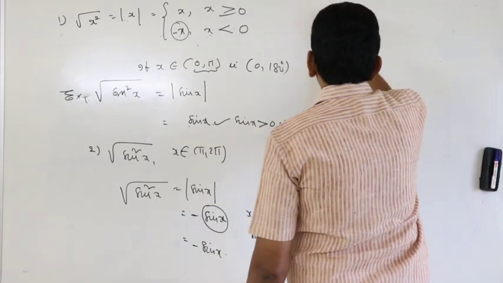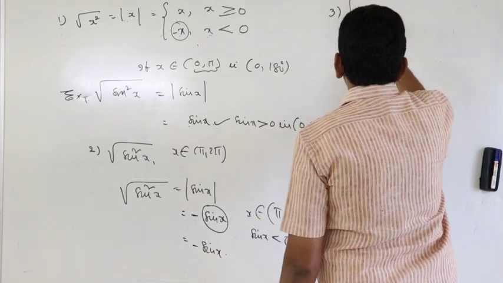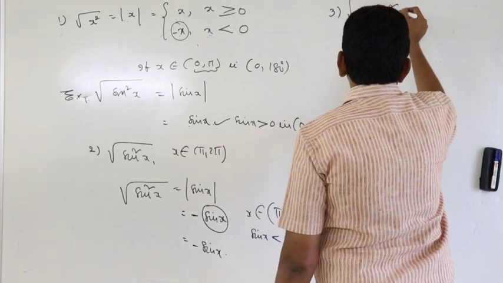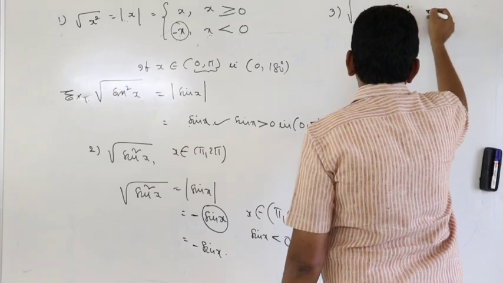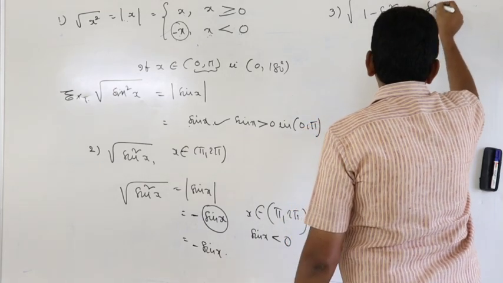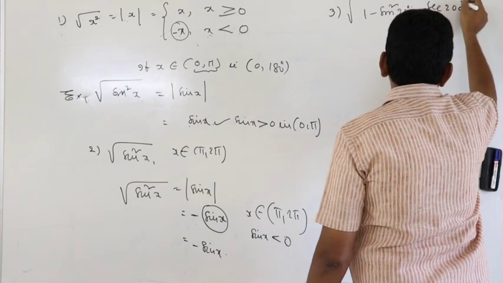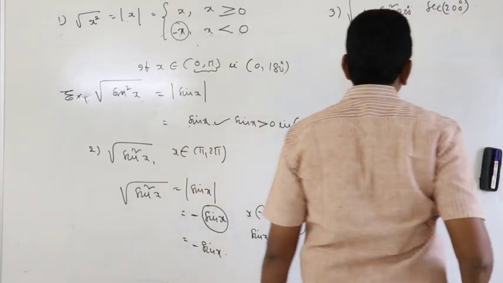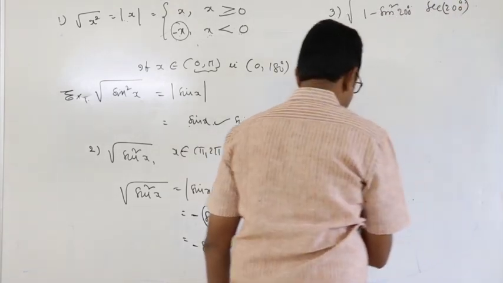And let me write one more example. Root of 1 minus sine square 200 degrees into secant of 200 degrees.